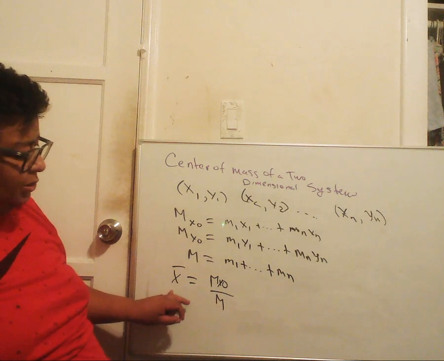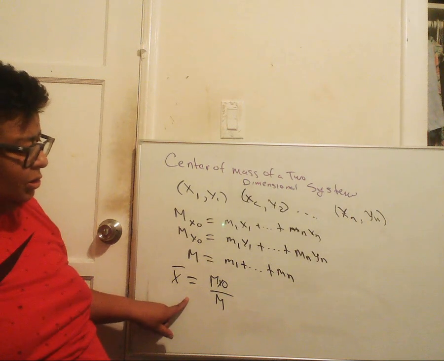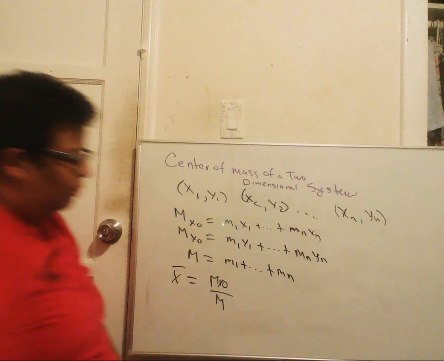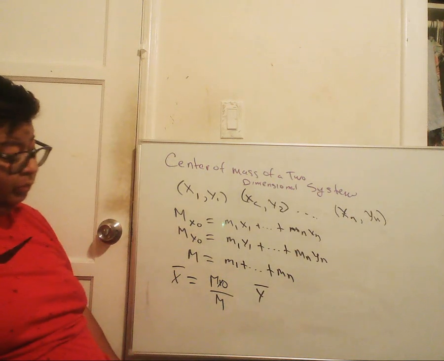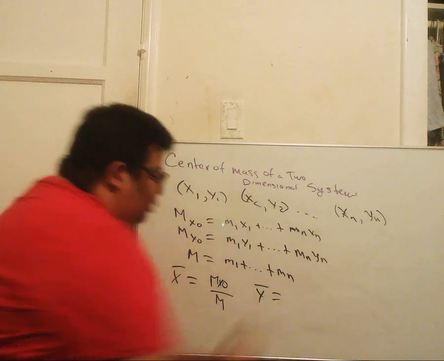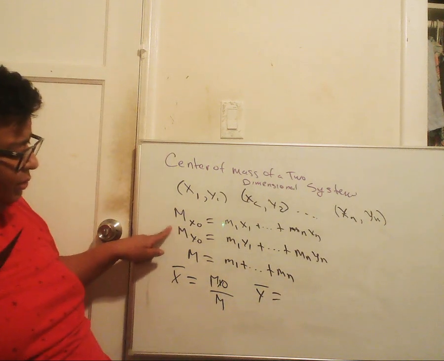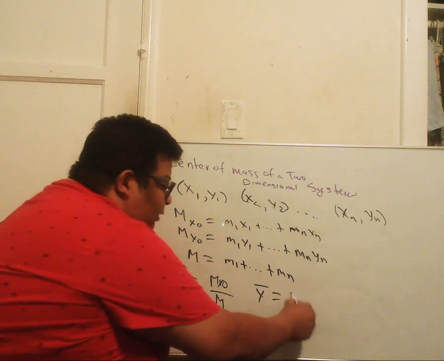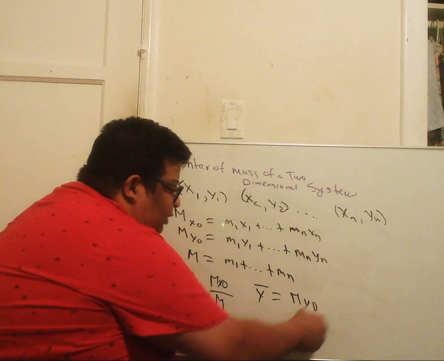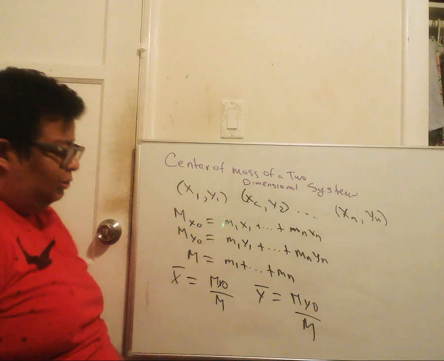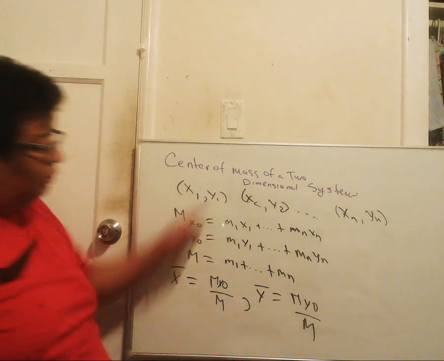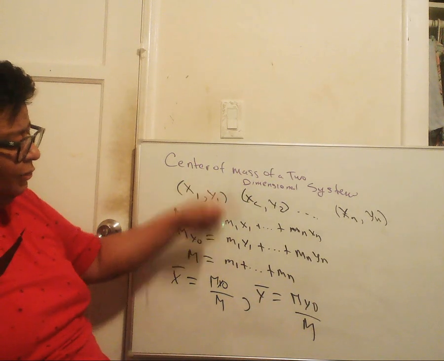And now the additional concept for two dimensions is that we have a y bar, and that y bar is going to be equal to, what do you think it is? It's going to be equal to My0 over the total mass. So this is how you define the center of mass of a two-dimensional system.